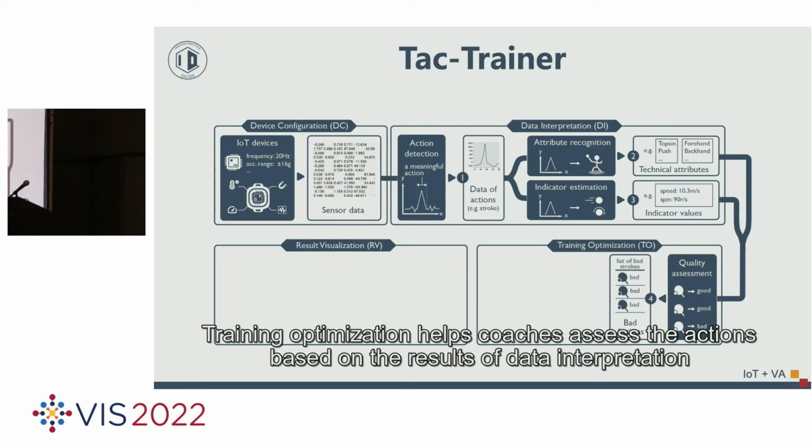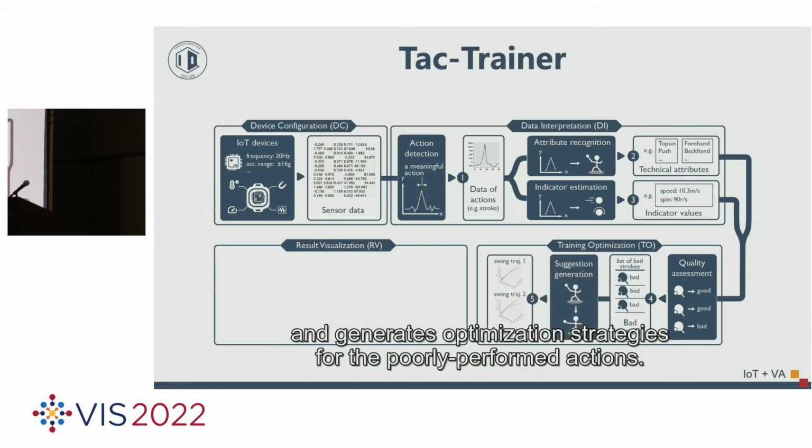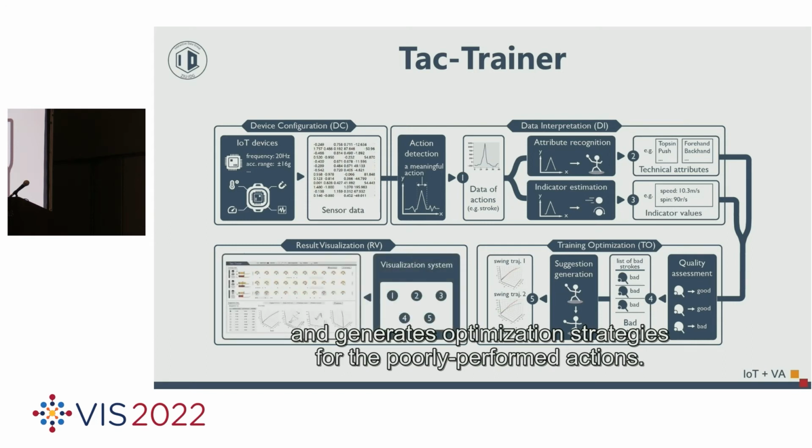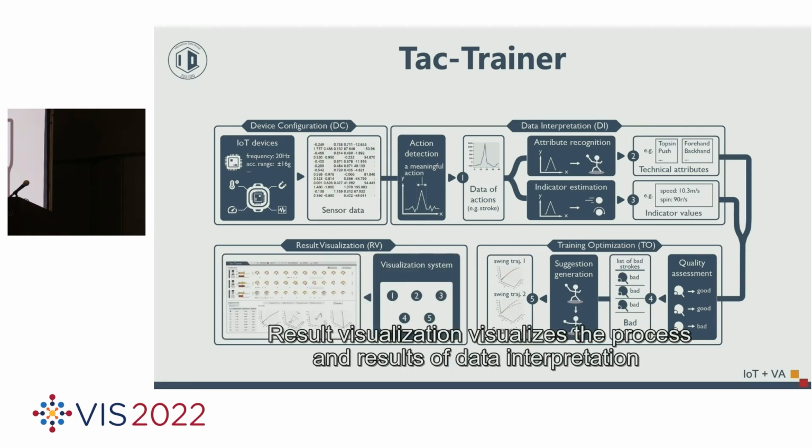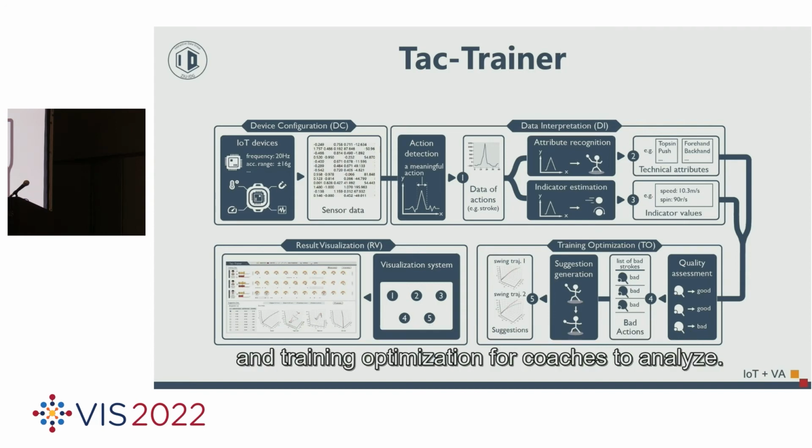Training optimization helps coaches assess the actions based on the results of data interpretation and generates optimization strategies for the poorly performed actions. Result visualization visualizes the process and the results of data interpretation and training optimization for coaches to analyze.